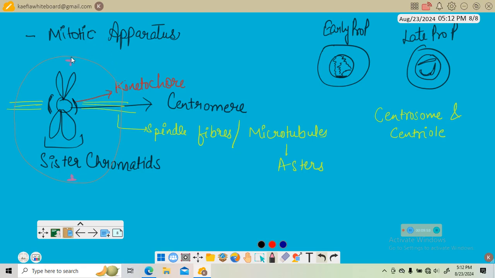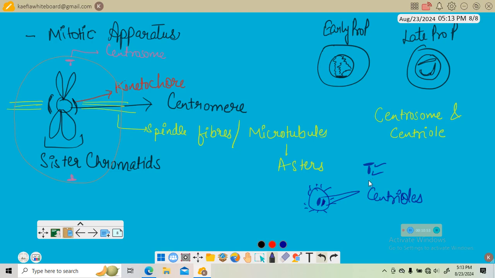This is a centrosome. These two small units, this and this, are centrioles.